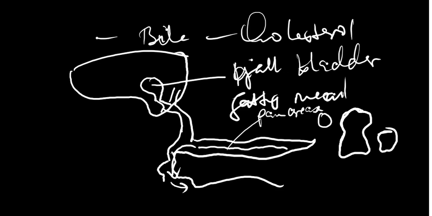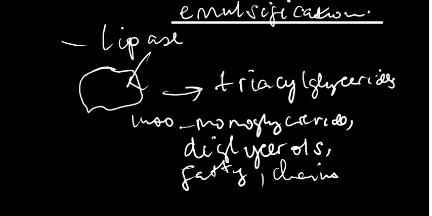As they are released in the intestinal epithelial cells, they are reformed back into triacylglycerol, the form through which they were broken down.